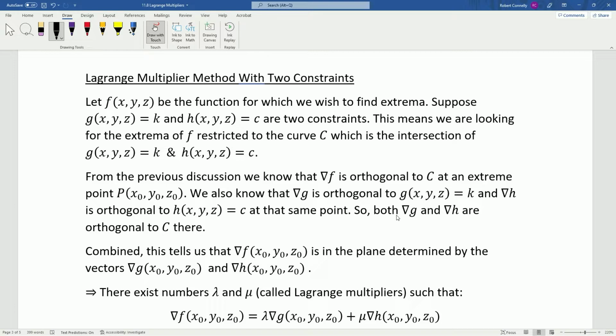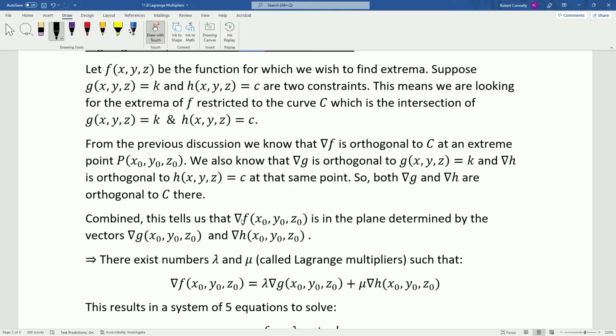So both the gradients of g and h are orthogonal there. So what does that tell us? That the gradient of f is going to be in the same plane that's determined by these 2 vectors, g and h.